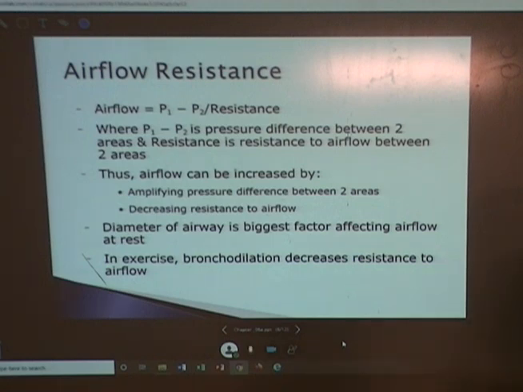The diameter of your airway is the biggest factor that affects airflow, particularly at rest. And then when we start to exercise, we see dilation of the bronchial tubes going down to the lungs, and that decreases resistance so we can get more air into the lungs when we're exercising.